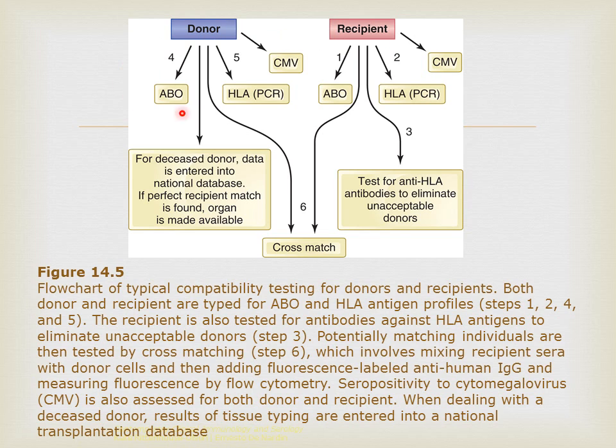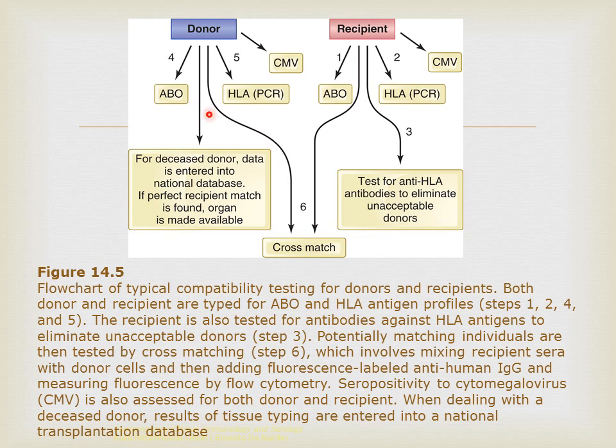If all of this is indicating a go, then lastly we do a crossmatch, which is recipient serum with donor cells to see whether the recipient has any preformed antibodies that are going to react with donor cells.